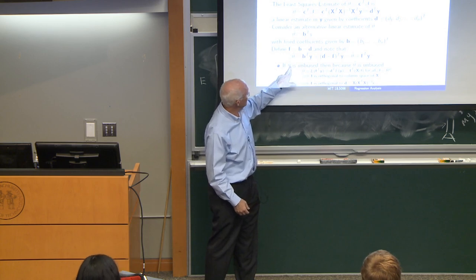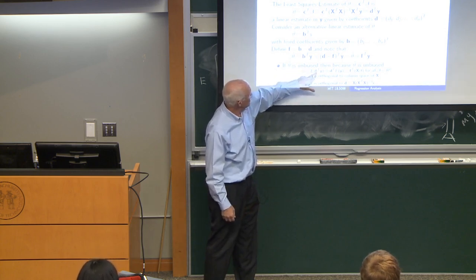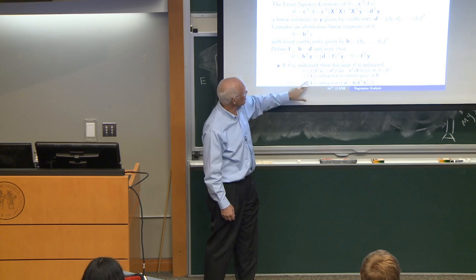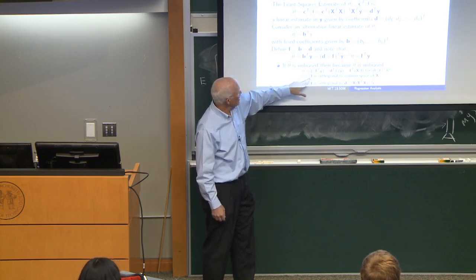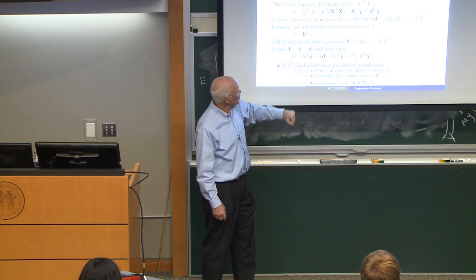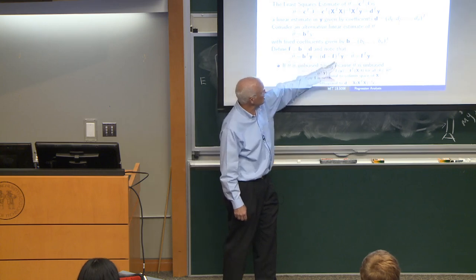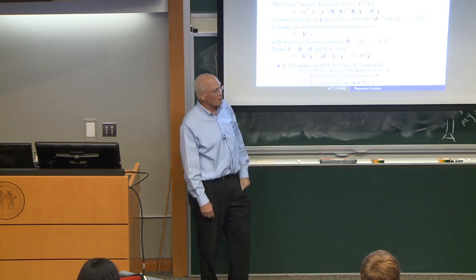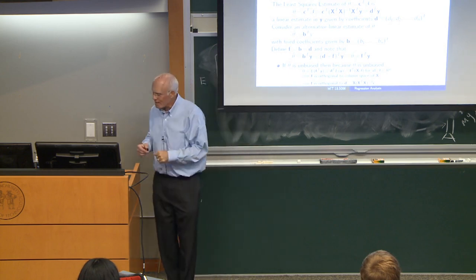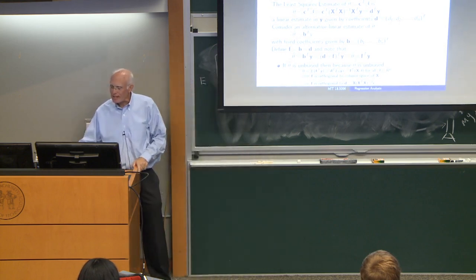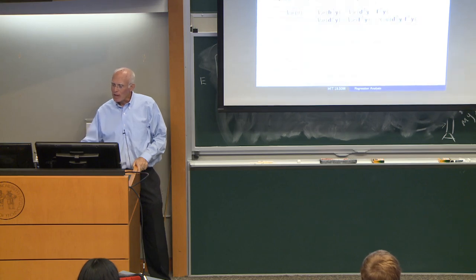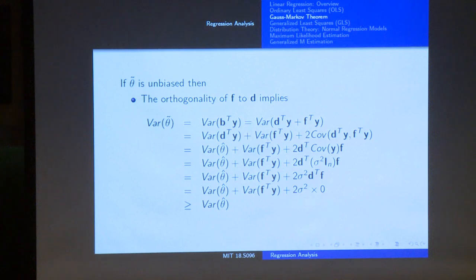So if theta tilde is unbiased, then this expression here is going to be equal to 0, which means that f, the difference in these two estimators, has to be orthogonal to the column space of x. And with this result, one then uses this orthogonality of f and d to evaluate the variance of theta tilde.